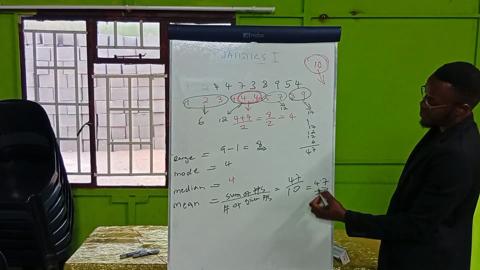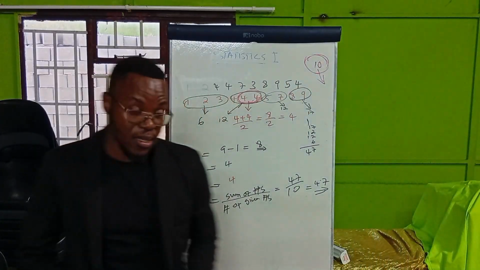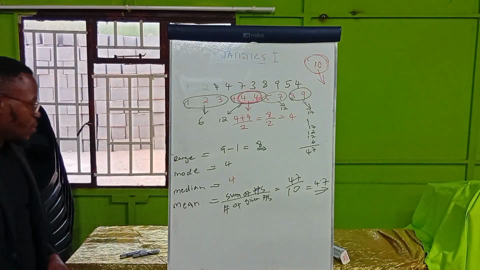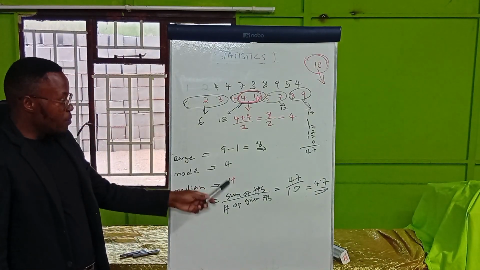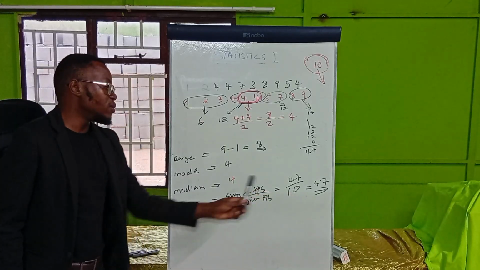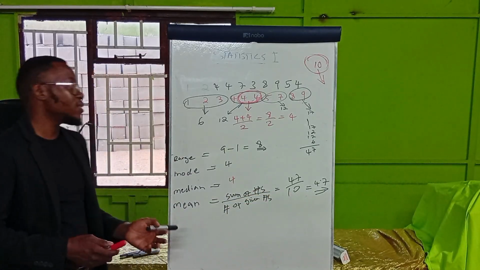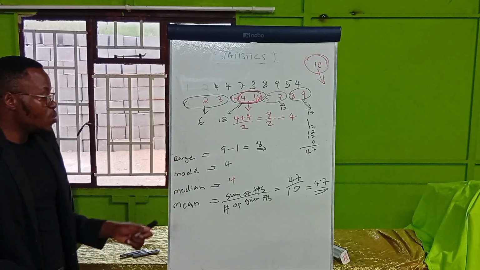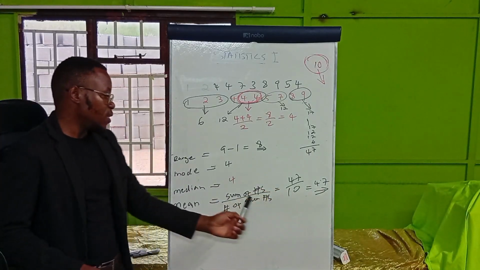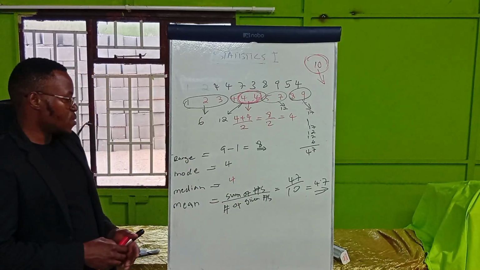So it would be 4.7. Now, there's something that you notice for any given data when you're doing your calculations. Your median and your mean should be relatively close to each other if the statistics and the calculations are correct. So now the difference is 0.7.